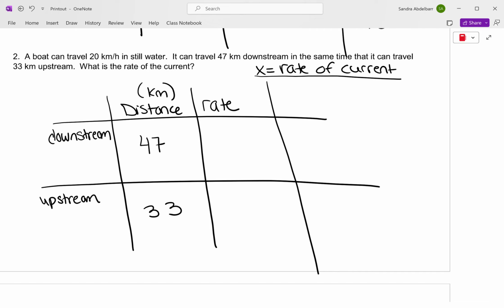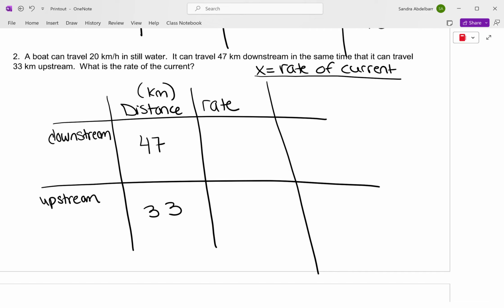Now, the rate that they're moving, it's not just the current, right? Because we said the rate of the current is x. But is it only the current moving them? Are they also working? The person in the boat is also working. So the boat is doing its own rate. So when you're going downstream, the rate of the current is helping.